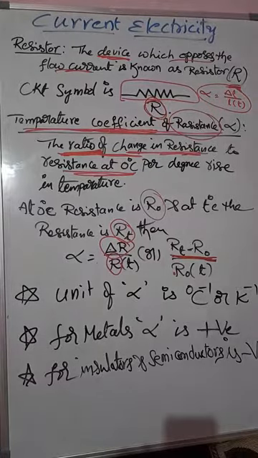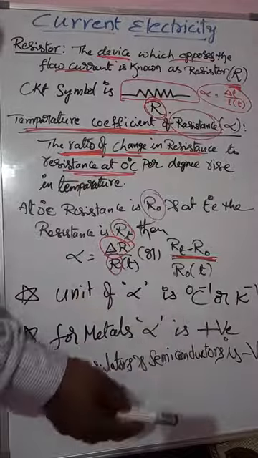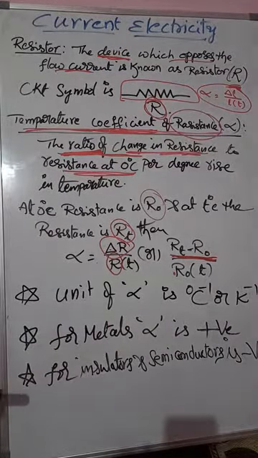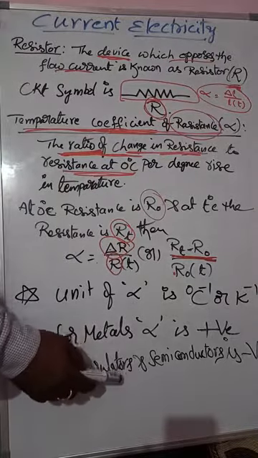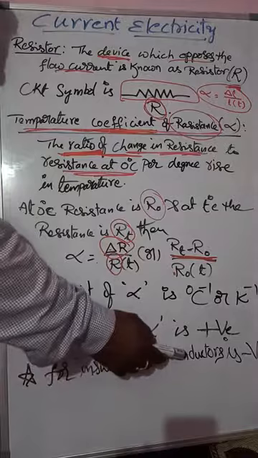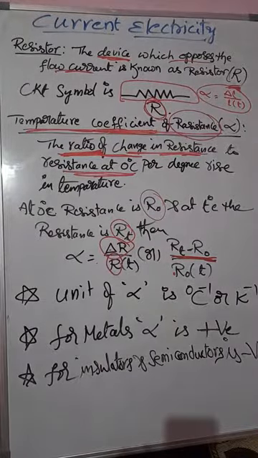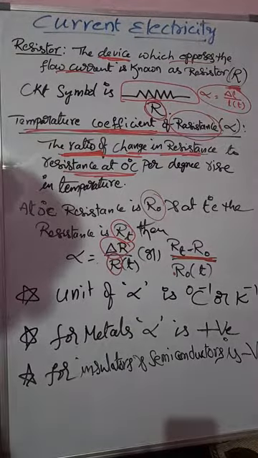Metals are conductors, so positive. For insulators, which are bad conductors, and for semiconductors, the alpha value is negative. Clear? Good.